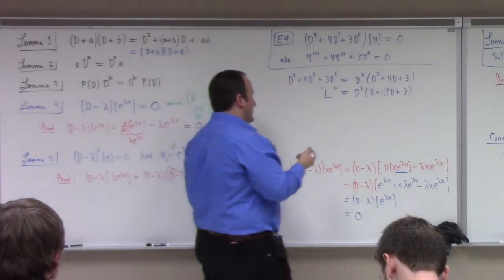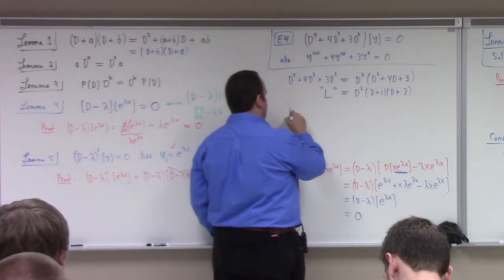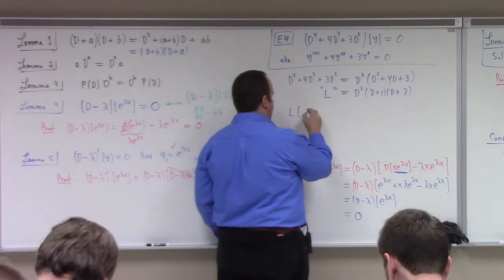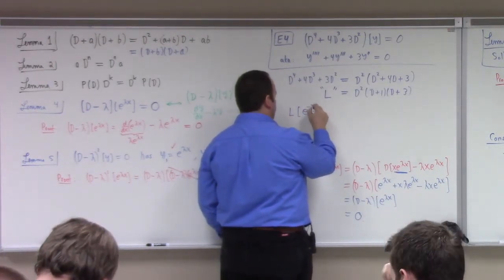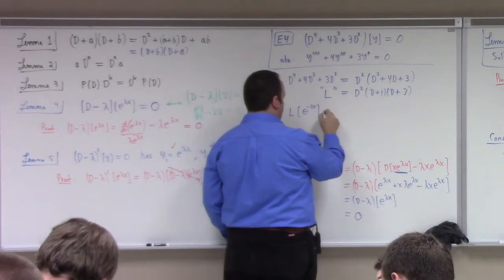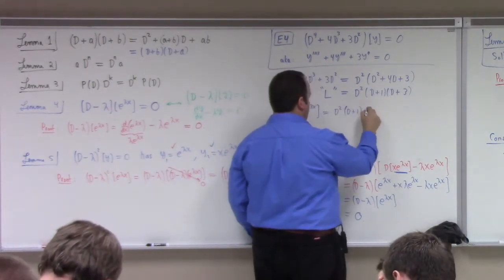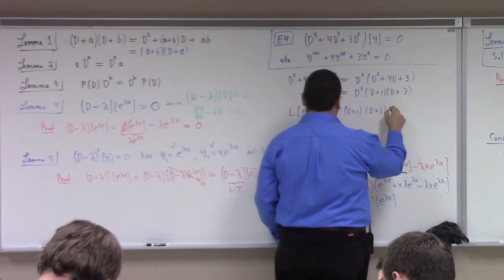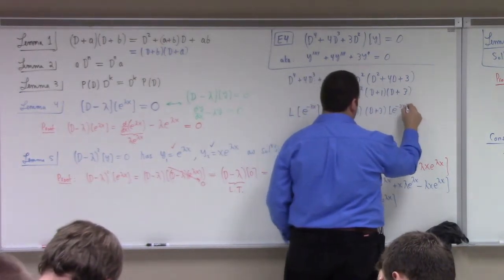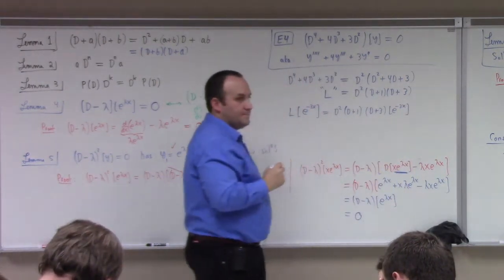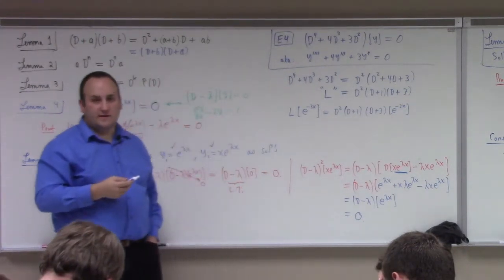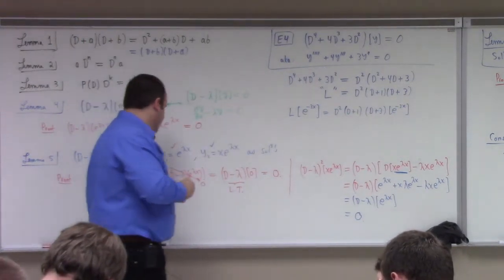So my point to you would be if we take L and we act on e to the minus 3x, that's D squared times (D plus 1) times (D plus 3) acting on e to the minus 3x. What happens when D plus 3 hits e to the minus 3x?